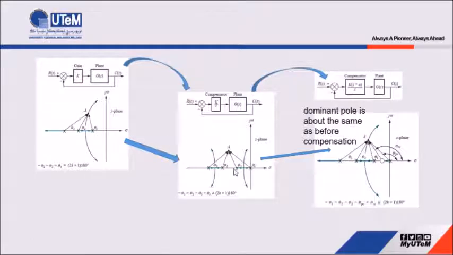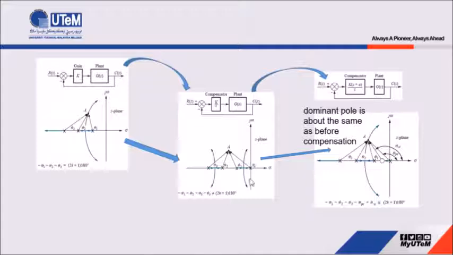When we put another pole at the origin, the number of branches for the system becomes 4 because we have 4 poles. So the direction of the roots for the poles becomes like this. These two poles will follow this route, and the other two poles will follow this route.